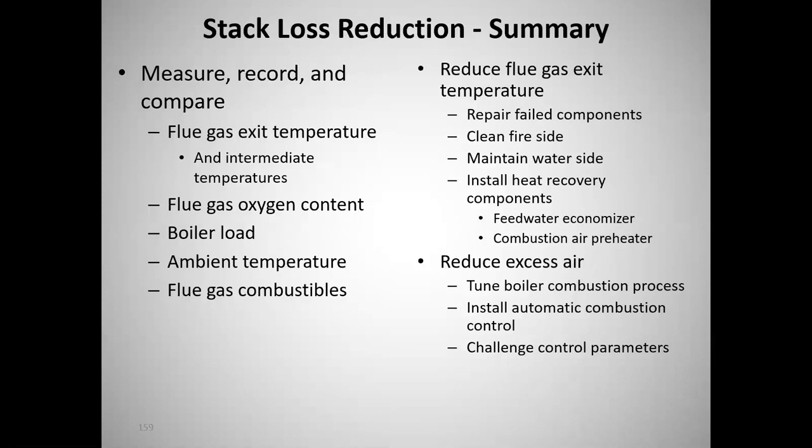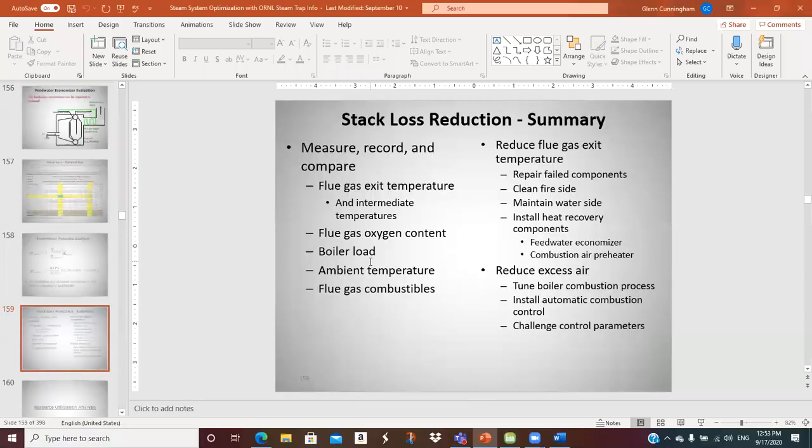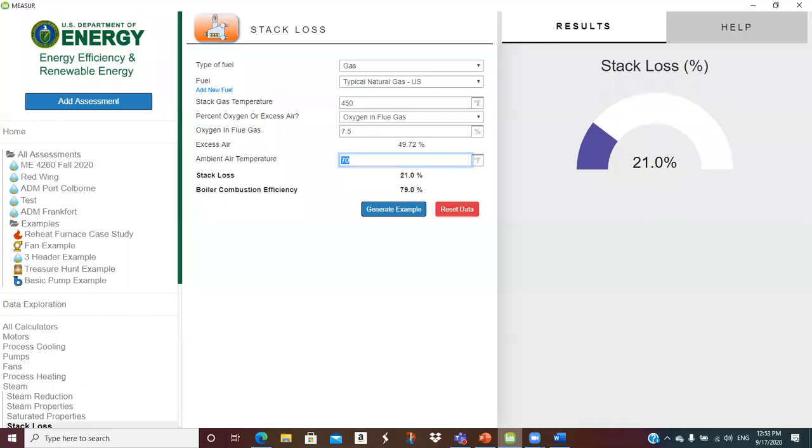So that 70-degree ambient temperature, let's go back. Let's play with that for a second. Let's go back to measure. Okay, so let's say we're doing this, and let's say we preheat this combustion air, and this goes to say 200.